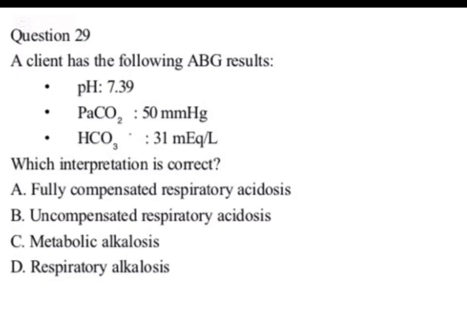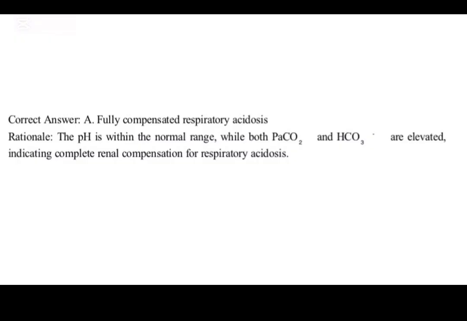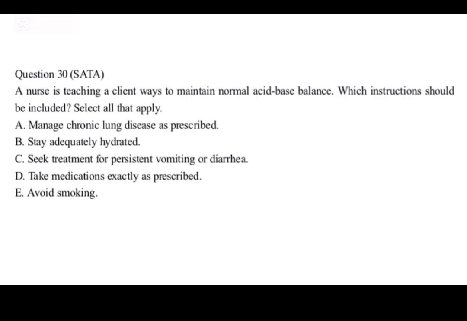C. Metabolic alkalosis. D. Respiratory alkalosis. Correct answer, A. Fully compensated respiratory acidosis. Rationale: the pH is within the normal range, while both PaCO2 and HCO3 are elevated, indicating complete renal compensation for respiratory acidosis. Question 30, SATA.